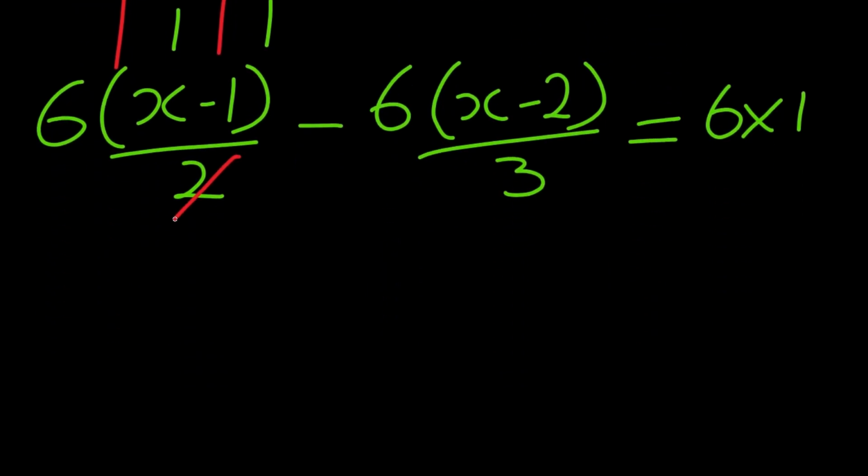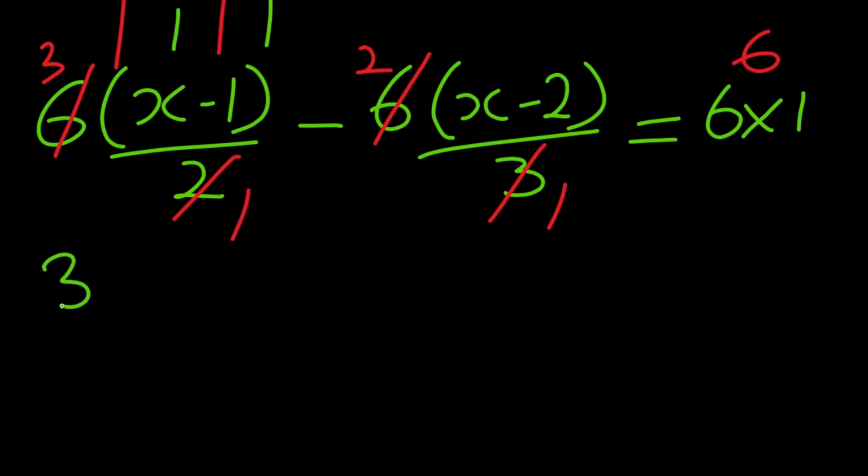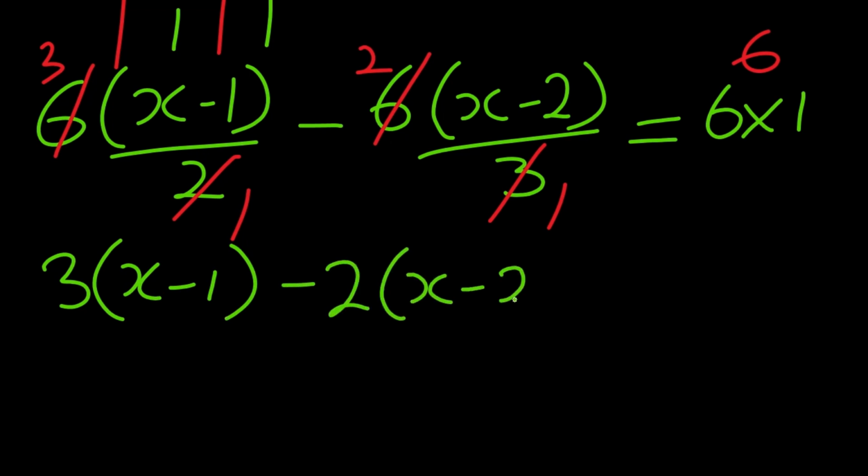Simplifying, 2 divided by 2 is 1. 6 divided by 2 is 3. 3 divided by 3 is 1. 6 divided by 3 is 2. And 6 times 1 will still give us 6. Writing, we have 3 times (x minus 1) minus 2 times (x minus 2) is equal to 6.